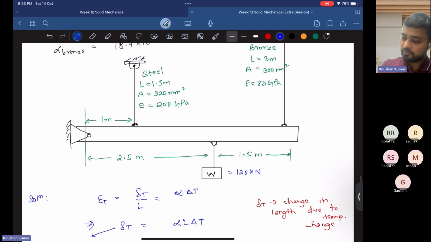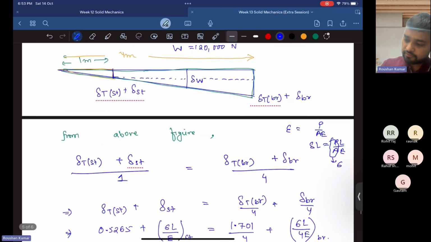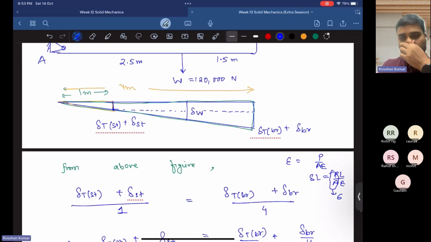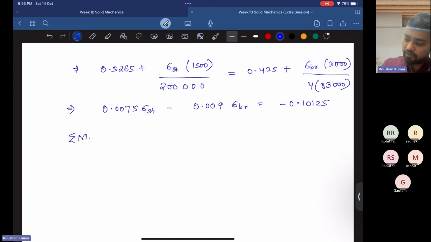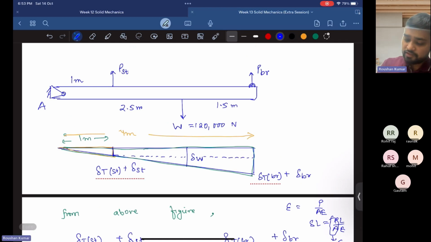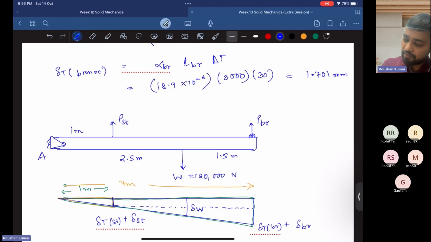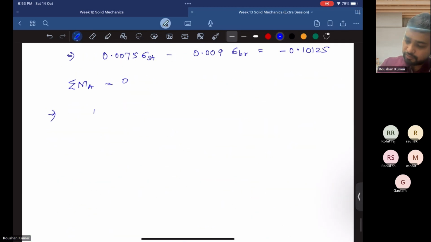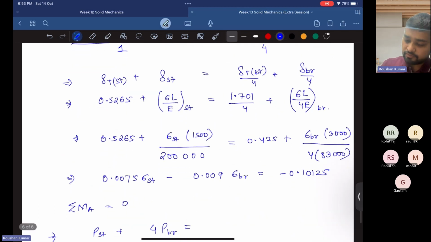So this is the point A of this question. We will take moment about this point A. Because this is a fixed end support, the moment about A is 0, which is given by P of the steel, that is load of the steel, times 1 plus P of the bronze times 4, equal to W times 2.5 meter.